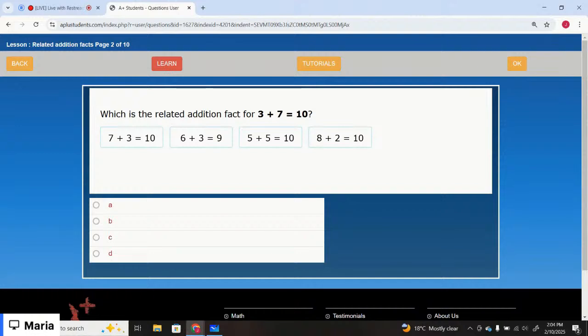Which is the related addition fact for 3 plus 7 equals 10? That is option number A, 7 plus 3 equals 10.